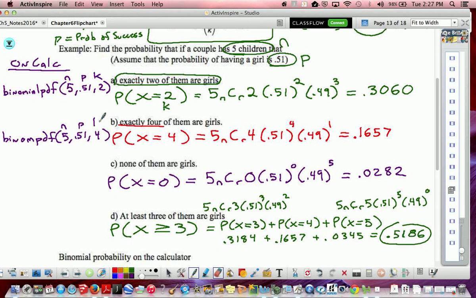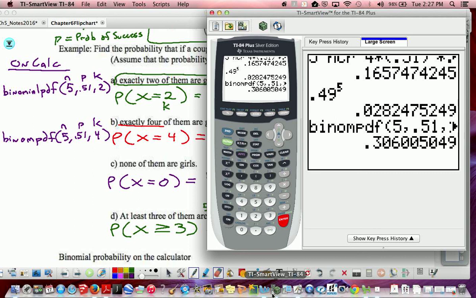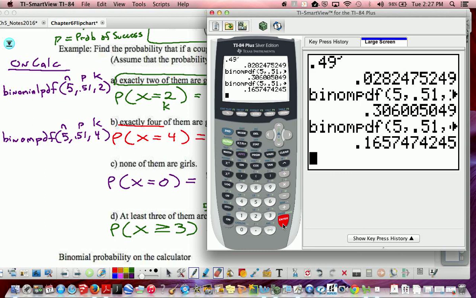Again, N, P, and K. I'm going to show you a little trick here. If I'm doing a lot of these PDFs, one of the things I can actually do is go second enter. It'll pull up the previous answer. I just changed this 2 to a 4. Notice how I get my answer to B to match up.